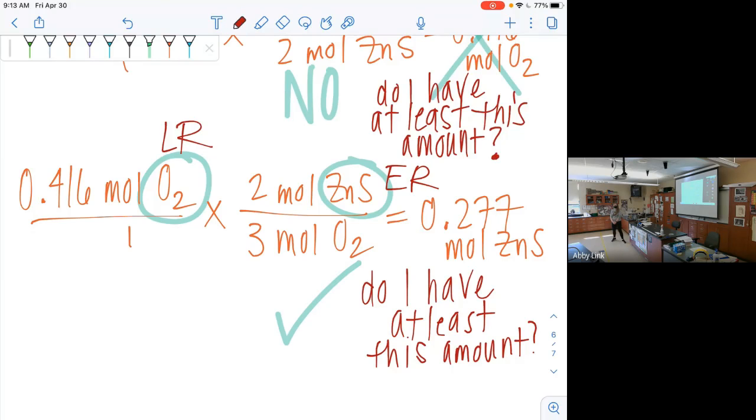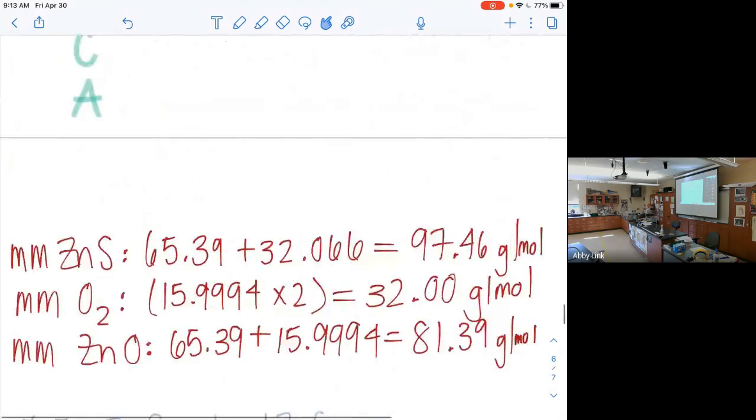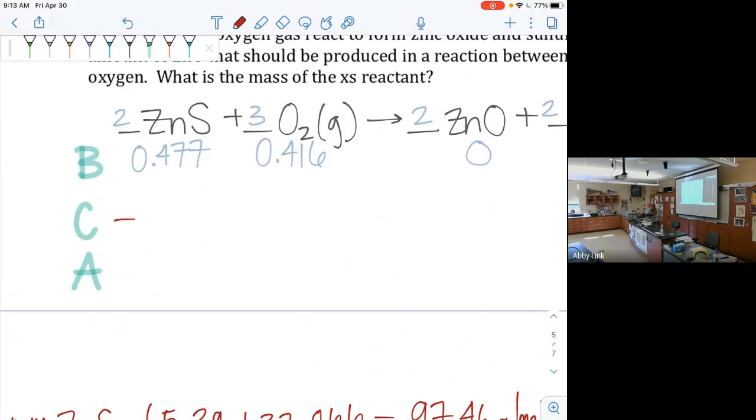All right, so where does that 0.277 moles of ZnS go in my BCA table? 0.277, and it's a minus. If O2 is my limiting reactant, how much of it do I use up? All of it. Now, you might be looking at the coefficients. The last time we kind of had the same coefficients. This time we don't.